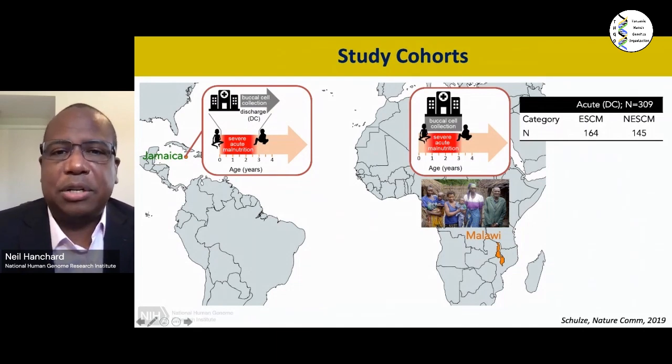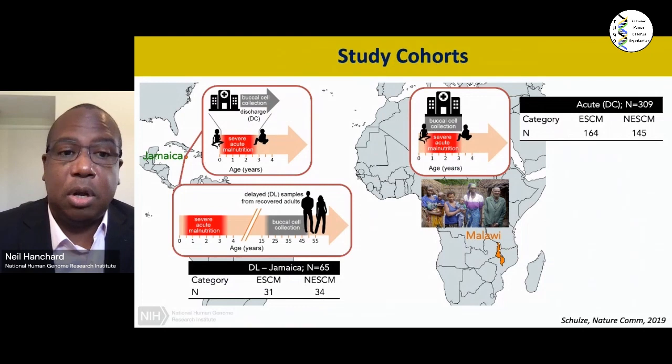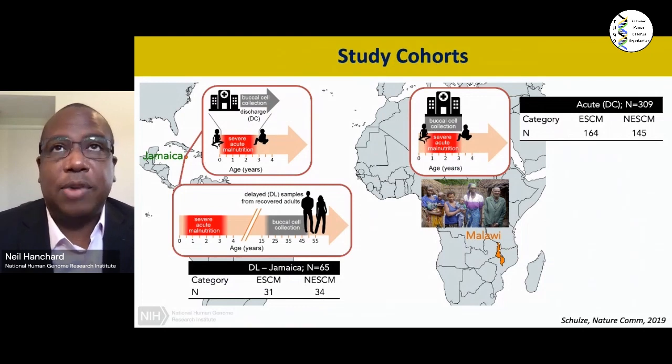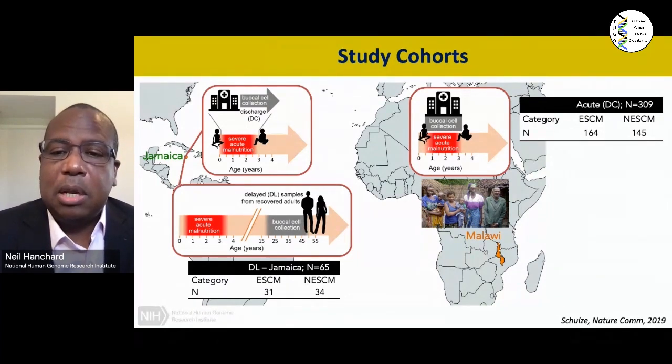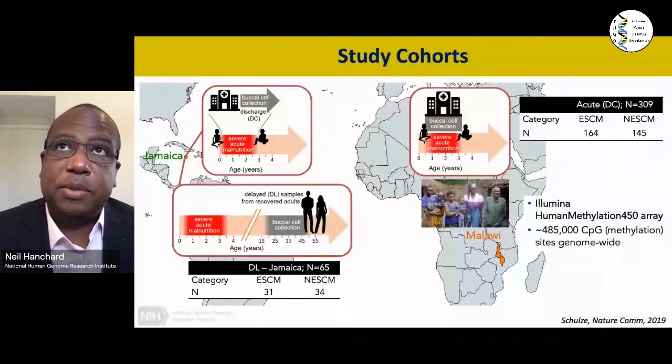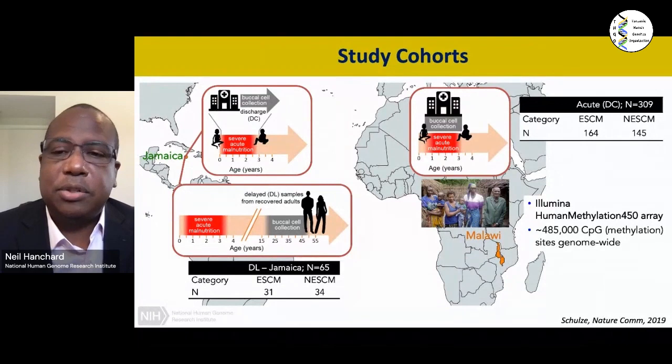And the numbers are relatively evenly split between Jamaica and Malawi. We're also fortunate to have a group of adults from Jamaica who had survived childhood malnutrition and are now healthy adults. All these individuals were typed on the Illumina 450 array or the EPIC array. So we're looking at just under 500,000 CpG methylation sites across the genome.